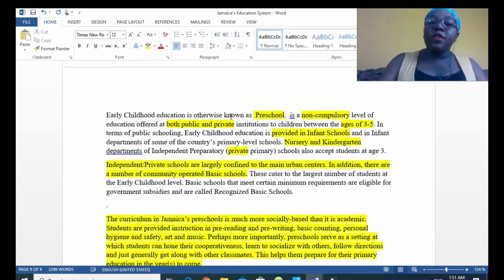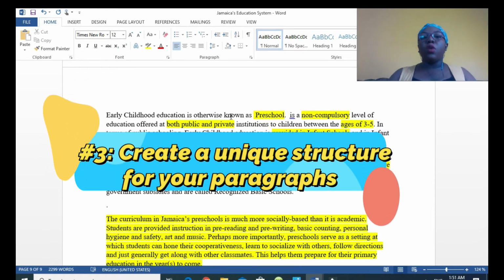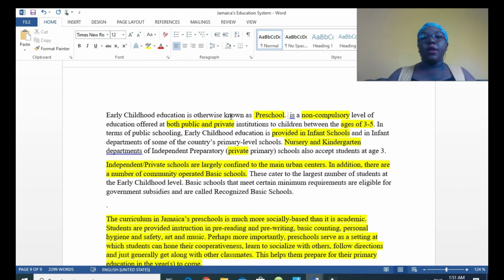Now we need to have this part about it being non-compulsory, and we need to say that it is offered at the public and private level. But do we have to say that first? No. You can create your own structure in which you present your information.